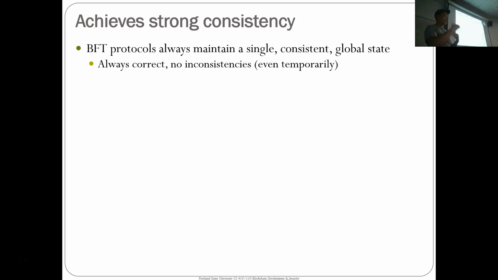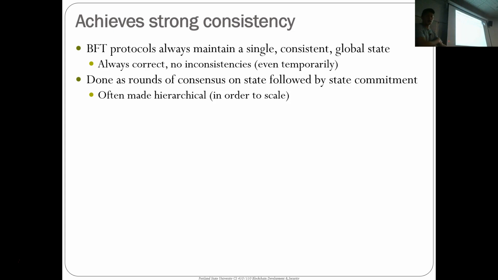No, you have one valid state in a BFT protocol, and that is the one everyone has agreed on in sync. So synchronized agreement. Okay, and it's done using rounds of consensus followed by a commitment protocol. So this is like the two-phase commit, where there's an initial phase for the consensus, and then you're all agreeing to commit this particular block at the end.